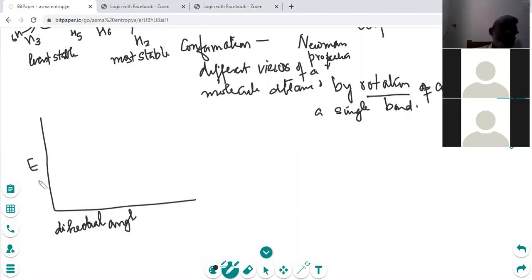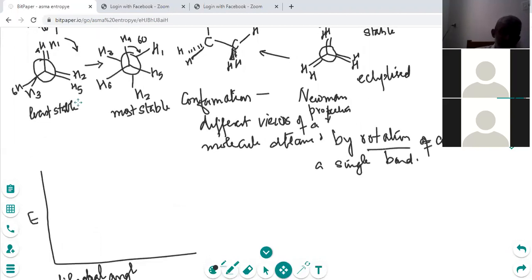Now, as we have seen, you have this having the maximum energy. So we have started with 0 degree. Then we have gone to 60 degree. Now, from 0 to 60, the energy is decreasing, stability is increasing. So at 0, suppose you're having this energy, at 60 it comes here.